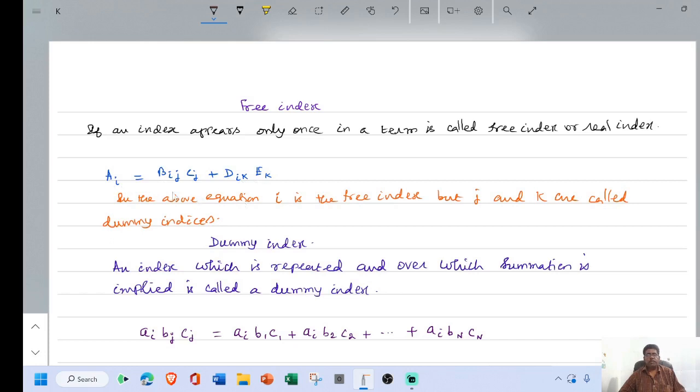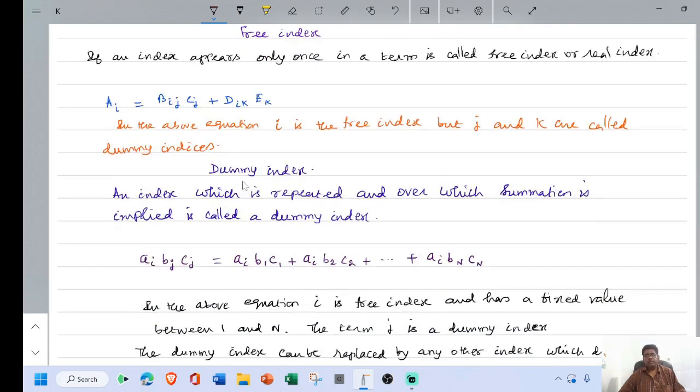In the above equation, i is the free index, but j and k are called dummy indices because the index i is present only one time, whereas j and k are present more than one time. Therefore, i is called the free index, and j and k are called dummy indices.